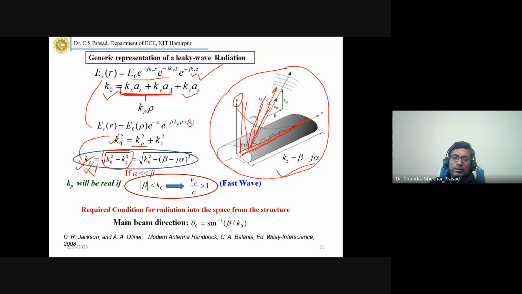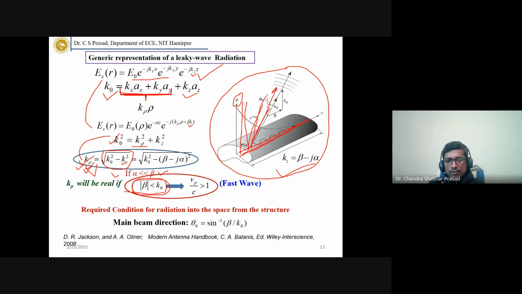When we have this relation. And here we are putting the value of kz, that is beta minus j alpha, squared. Here we are assuming that alpha is very small compared to beta, that means your loss is very small compared to beta. So to have this k rho real, this relation must be there.